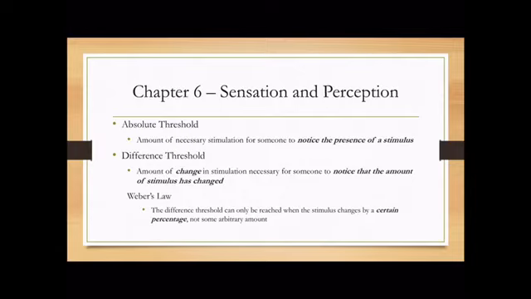That was like a whole 50% increase. But when you go from 50 to 55, well, that's just like a 2% increase, right? So that's what Weber's law states, that the difference threshold is only reached when the stimulation changes by a percentage, not by just some amount.